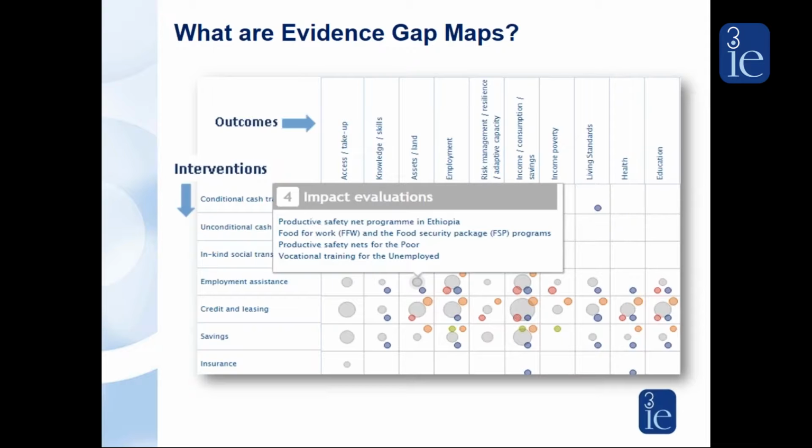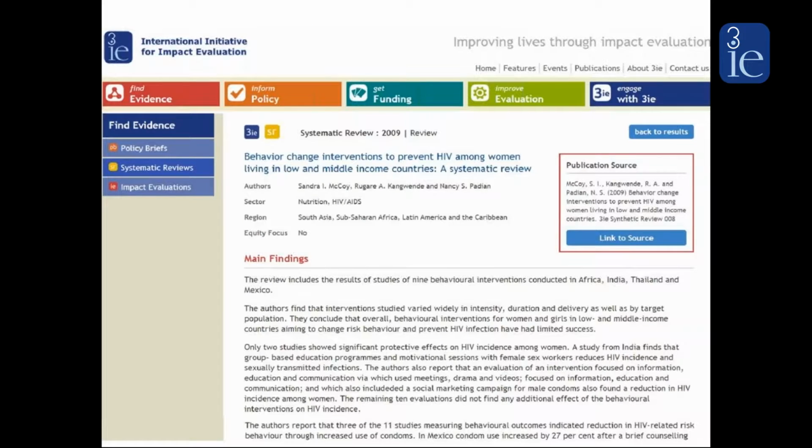And so on the slide you can see that when you hover over a bubble you get a pop-up with links to summaries of either the systematic review or the impact evaluations on the 3IE database.